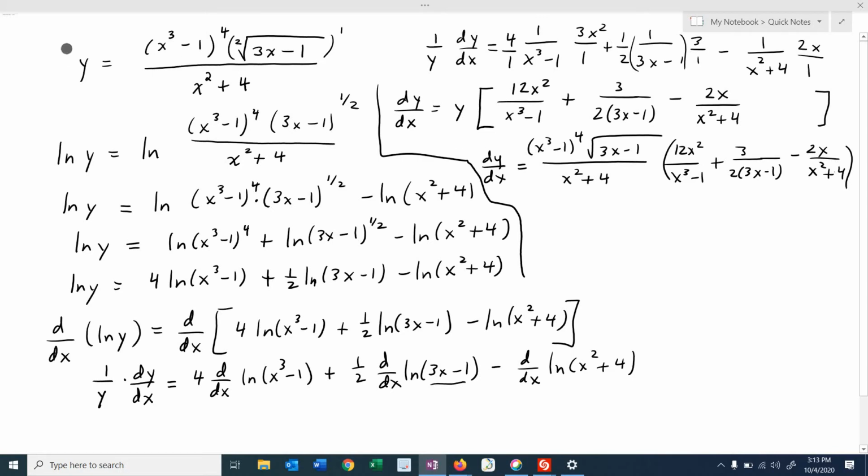Okay, so that's the derivative of this function with respect to x. Now, admittedly, it's still fairly complicated, but it would be much more difficult to find this derivative using the quotient rule. So in this case, I think logarithmic differentiation is very useful. Okay, let's look at one more.